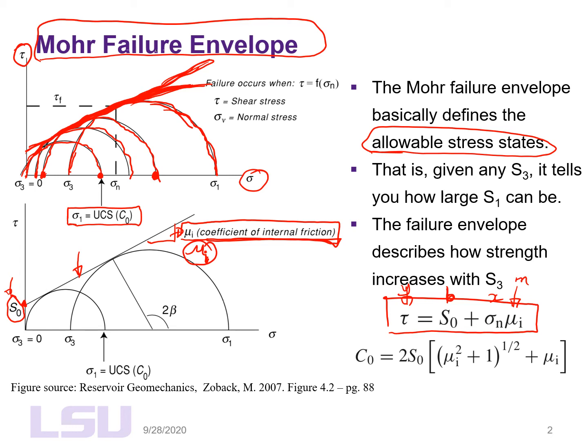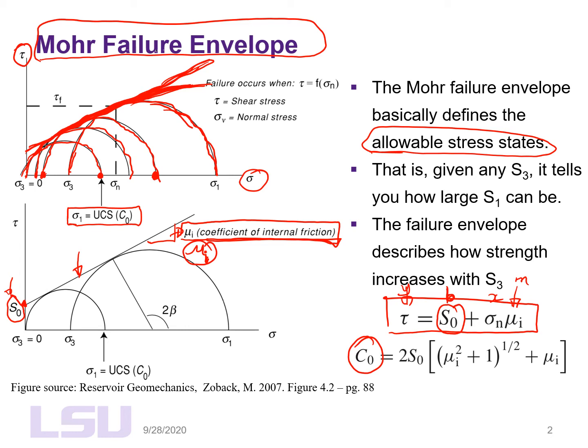And the cohesive strength of the rock is related to UCS. It isn't the UCS. It refers to the force that holds the grains together, and it's different from UCS.